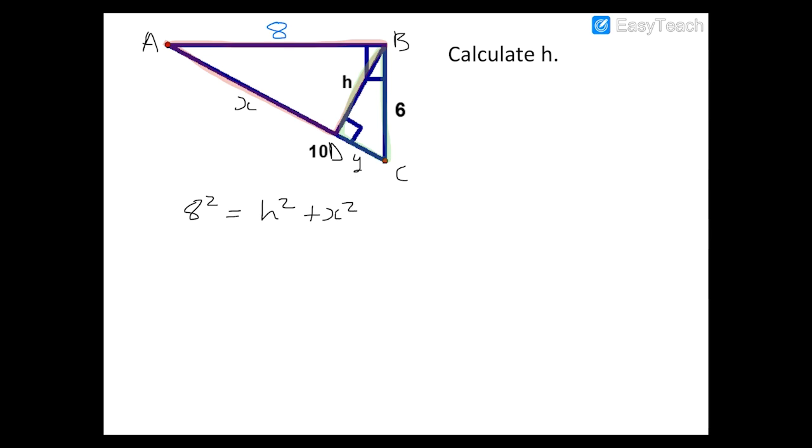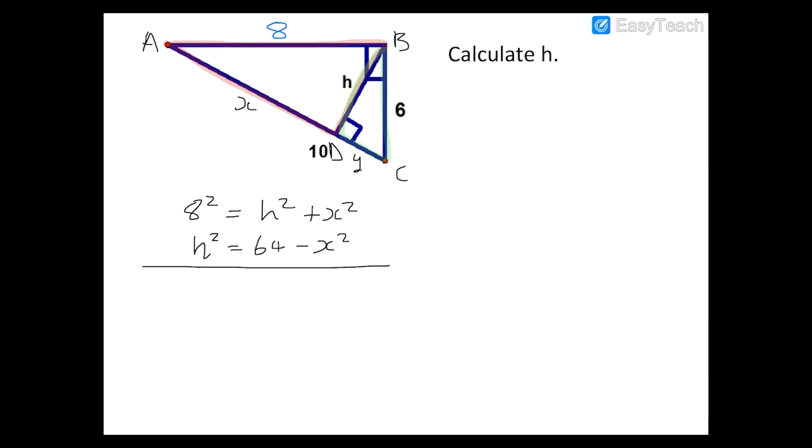So if I solve for h squared, I get h squared is equal to 64, because 8 squared is 64, minus x squared. Let me underline this as our equation 1.